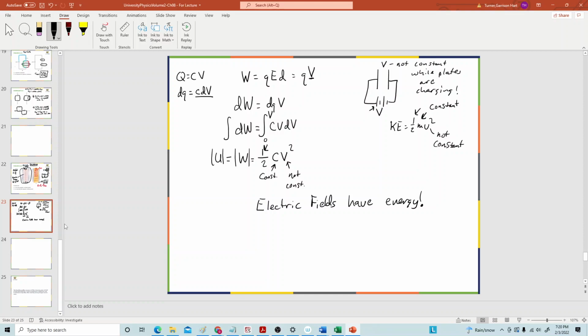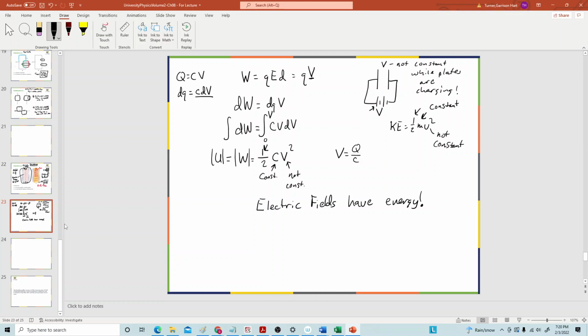We can also rewrite this because we can reinsert the definition of capacitance in here, and remember that V would be equal to Q over C, right?